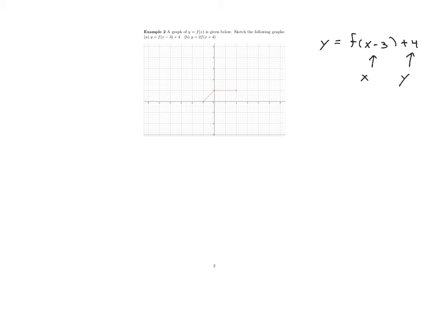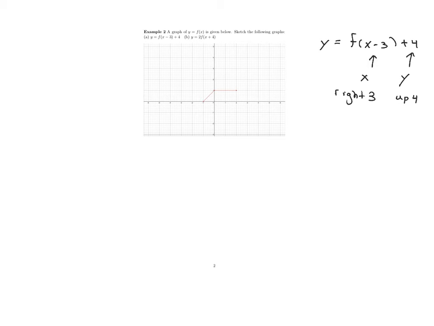From example 1, I know x minus 3 is not going to go left 3, it's actually going to go right 3 places. But since the y is plus 4, and it acts the way I expect it to, it's going to go up 4 places. So you really can just go to the original graph and make it go right 3 and up 4.